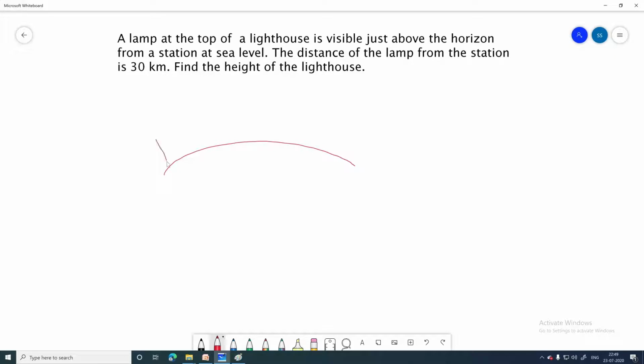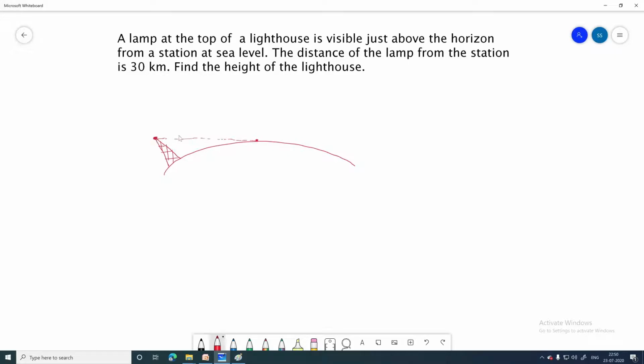So here there is a lighthouse, and this is the sea level, and there is a station point at this sea level, and from this point the top of the lamp is visible. Okay, and here it is the lamp.